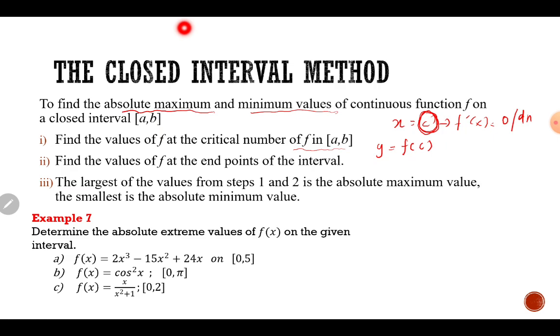So once we have that value, then we substitute the values of f at the end points. Find the end points: if they are at a and b, we have f of a, f of b, the 2 end points, and f of c. Now we have 3 values of y, at f of c, f of a and f of b, and from there we determine which value of y is the highest, the largest, is what we call the absolute maximum, and the smallest we call the absolute minimum.